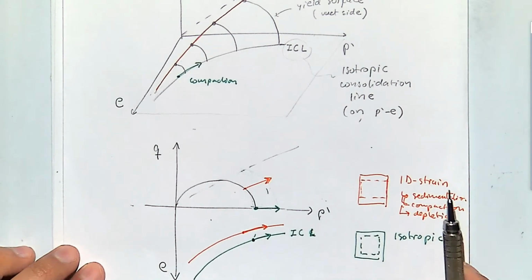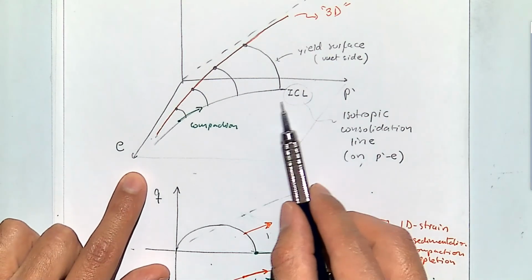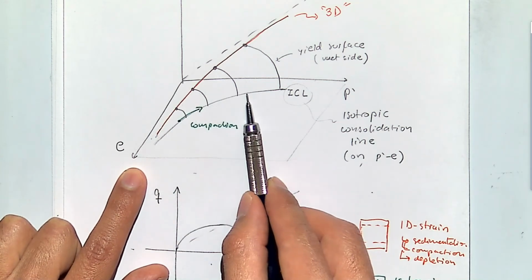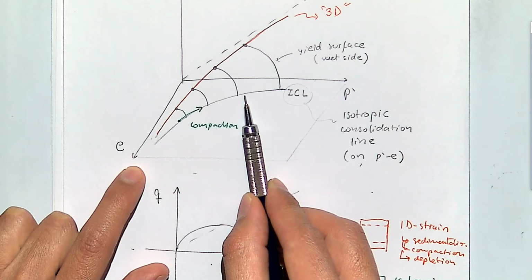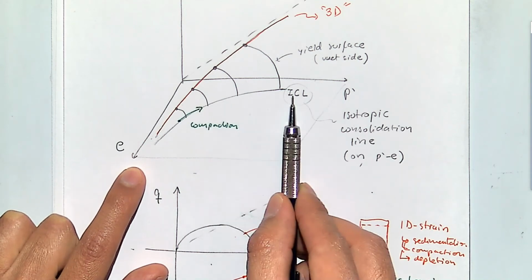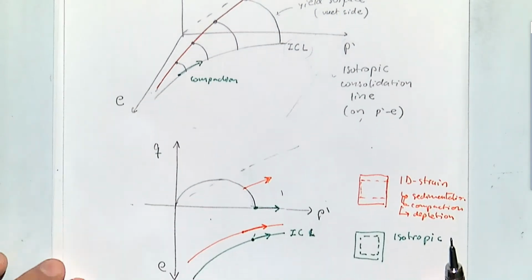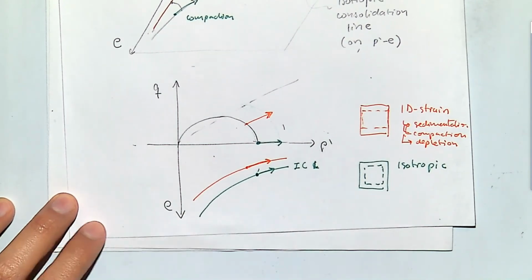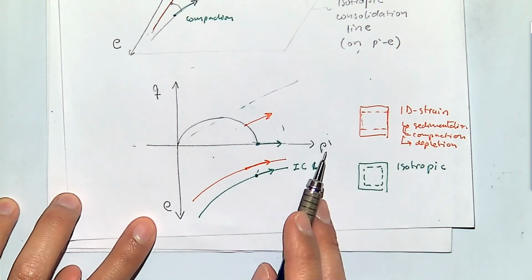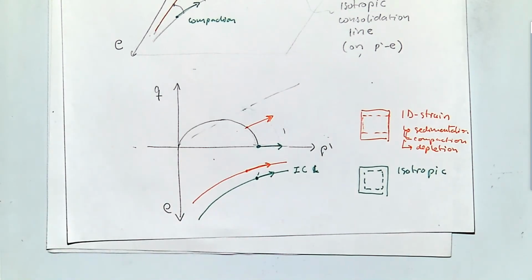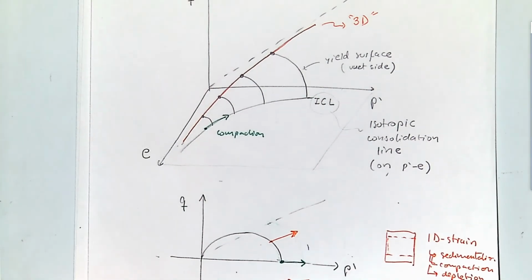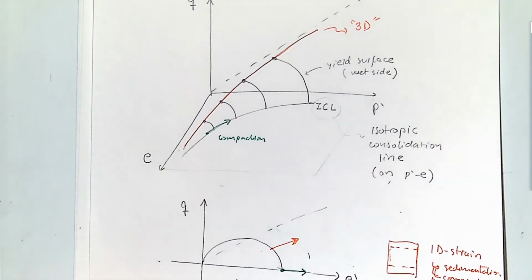The relationship between how much stronger it gets and at what porosity you get that strength depends on this isotropic consolidation line, which is this line over here, and simply tells you the void ratio or porosity as a function of the mean stress.